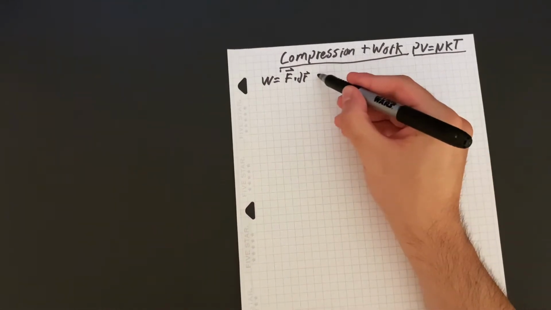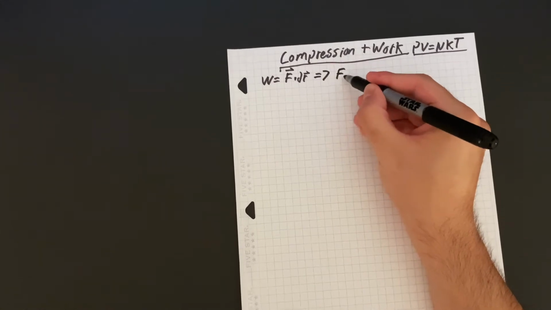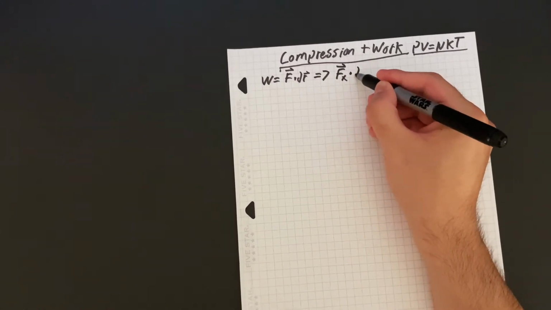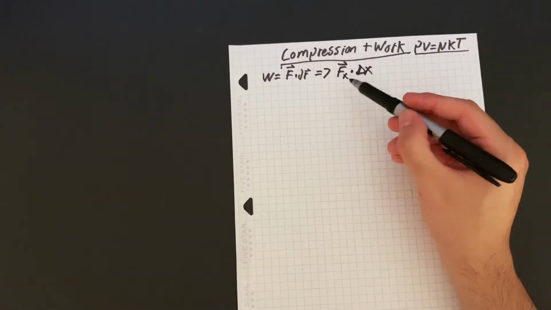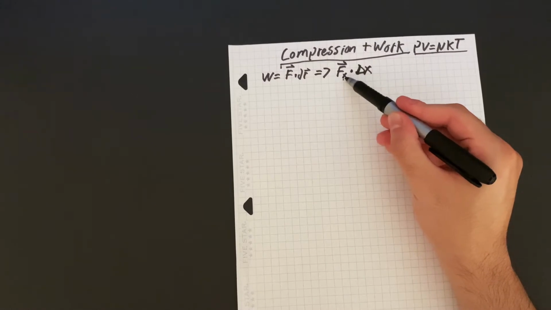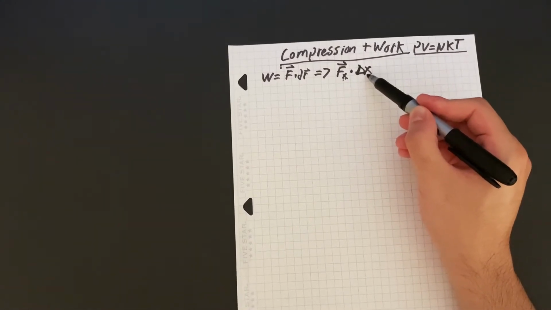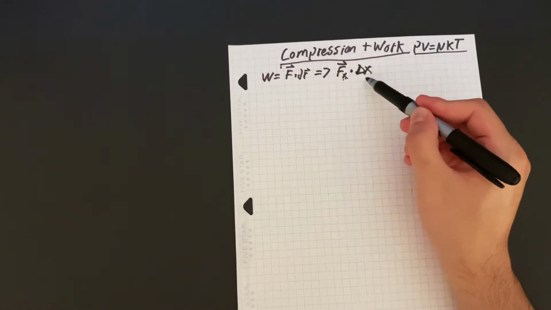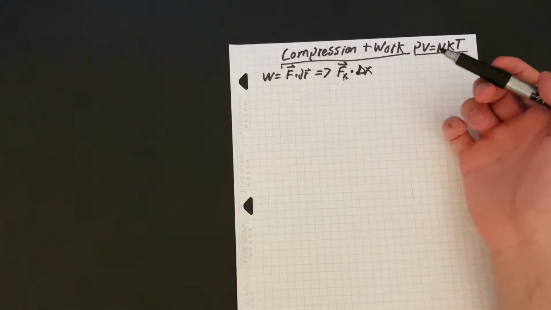And so we can also rewrite this as F sub x dot delta x. So this is going to be the force in the x direction dotted with the change in x. Now this is for just one dimension here, but it's a simple version that we will use today.